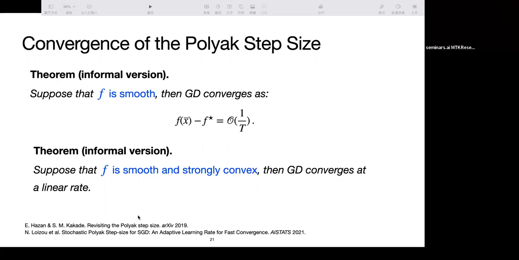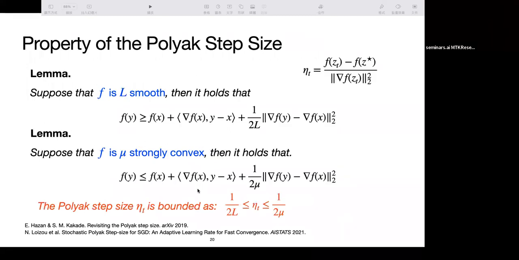And I think the convergence proof in the stochastic setting is similar to the deterministic setting. They also use this property, because the Polyak step size is bounded by the smoothness parameter and the strong convexity parameter. Thank you.